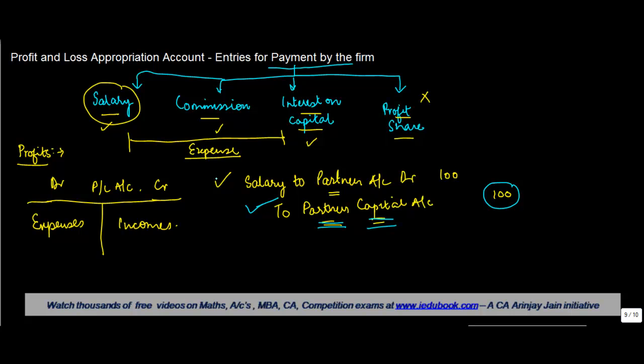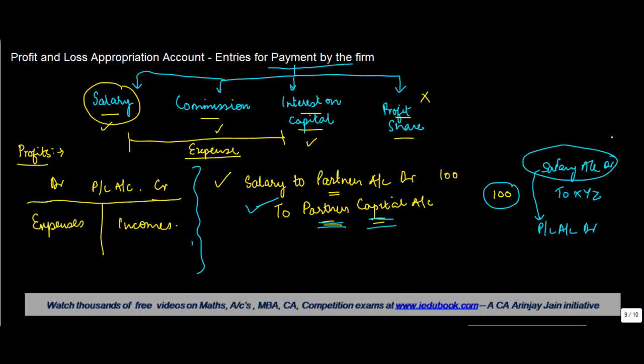In a normal case, for other expenses which are not related to the partner, once we had passed this entry, let's say it was salary account debit to XYZ, whosoever that was, when we were preparing the profit and loss account, we transferred the balance of salary to the profit and loss account. So we used to debit the profit and loss account, and this balance of salary which was actually standing as a debit was credited to salary account, right?